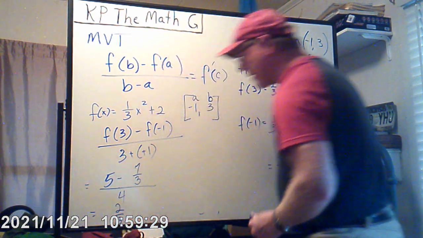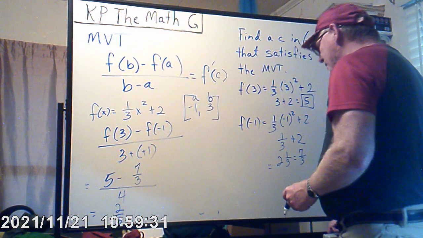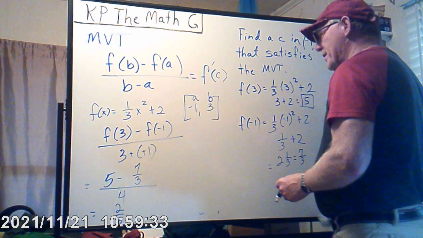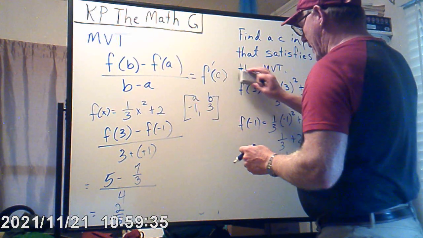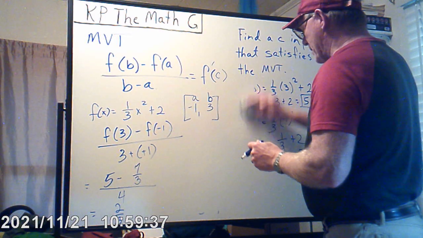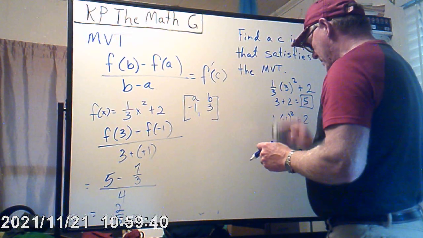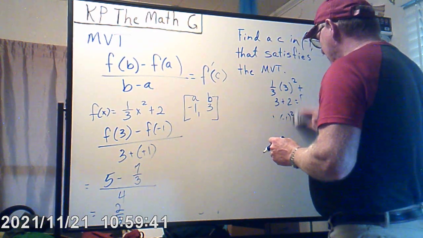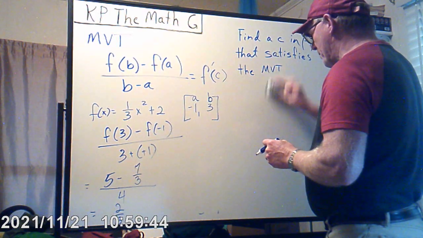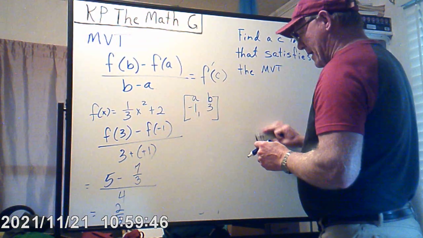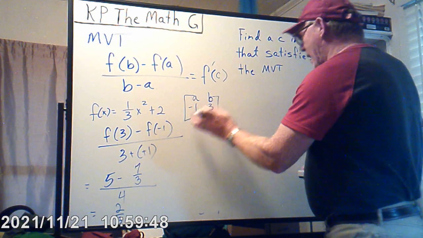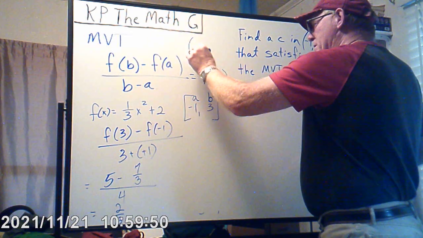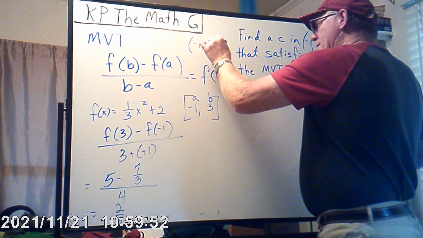Now what we have, according to the mean value theorem, is that the slope of the tangent line needs to be equal to the slope of the secant line, and it needs to lie within the open interval (-1, 3).